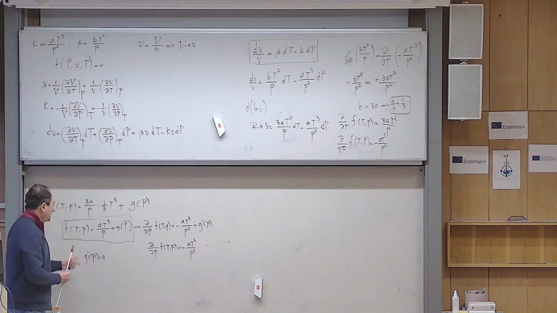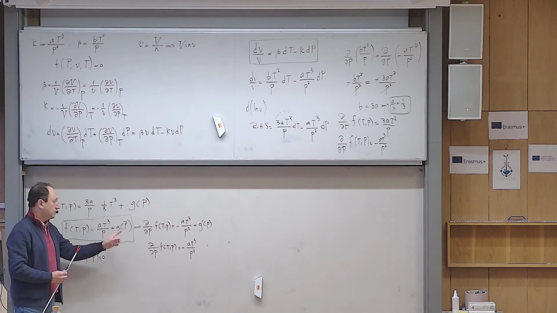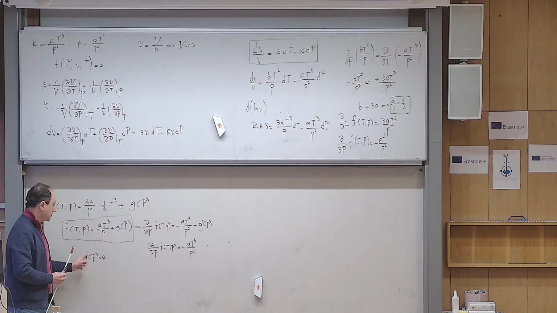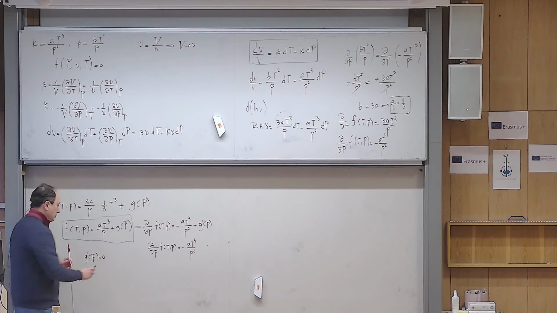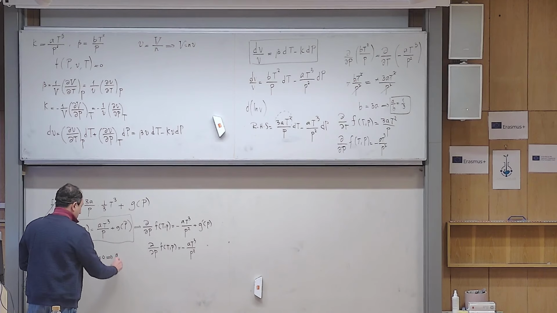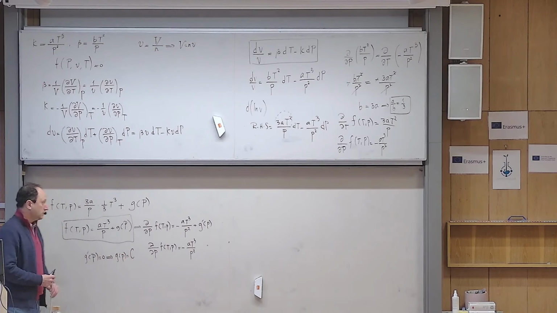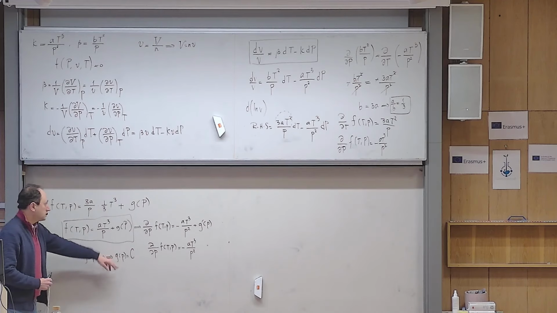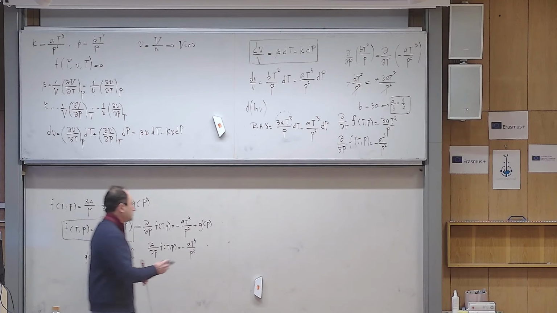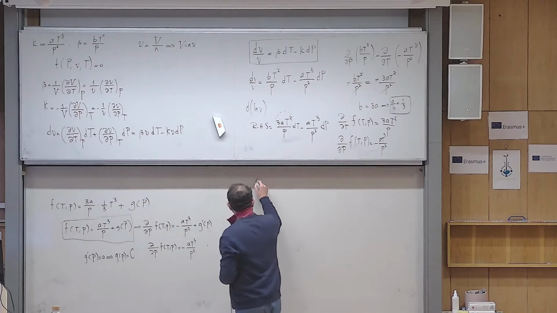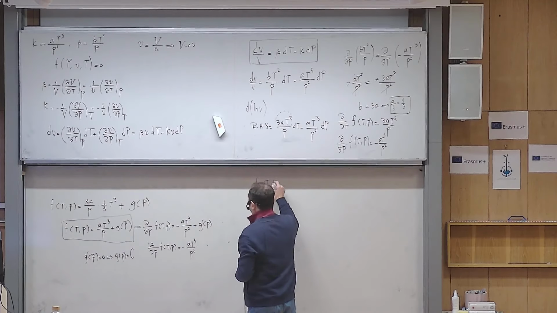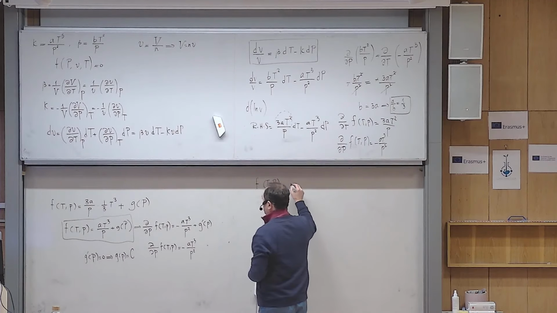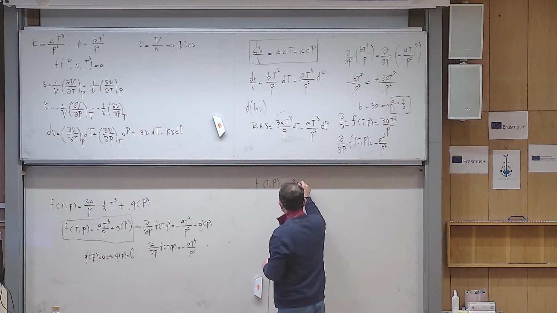Okay, g is a function of one single variable, the pressure, and its derivative with respect to pressure is 0. So this means that this function is indeed a constant. Okay, and if that is the case, I put it back here and I found my f. So f of t and p is equal to a t cubed over p plus a constant.